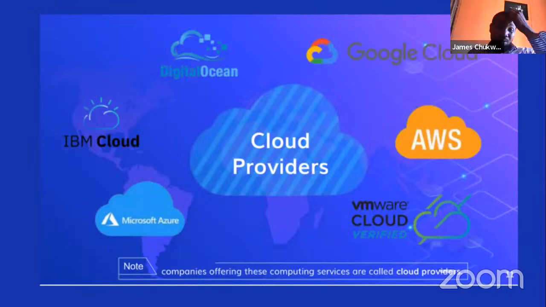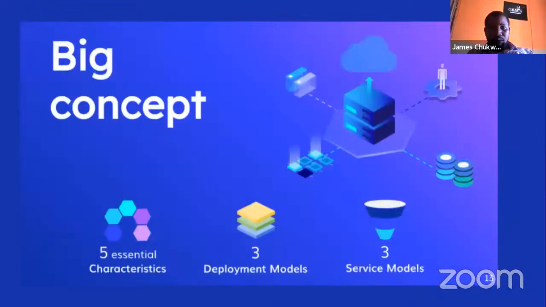I think there are still a few others coming up. However, these are the ones you can always get at the tip of your finger, and they are the most popular set of cloud providers.